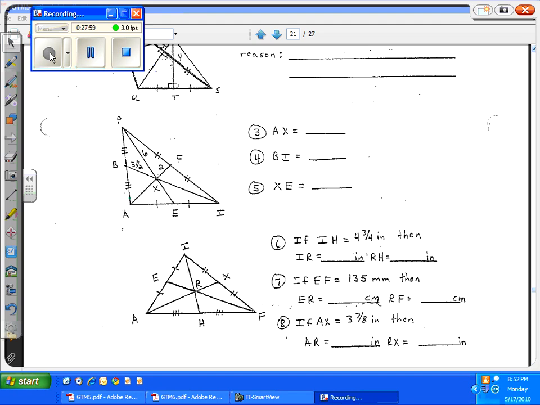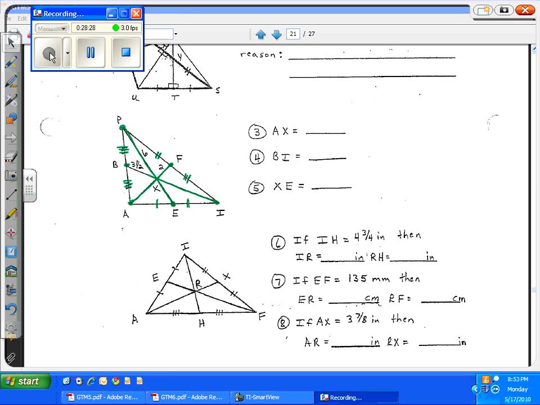If I were to go from this vertex, F is the midpoint of the opposite side. From point P to the midpoint of the opposite side, point E, is a median. From I to the midpoint of the opposite side, B, is a median.